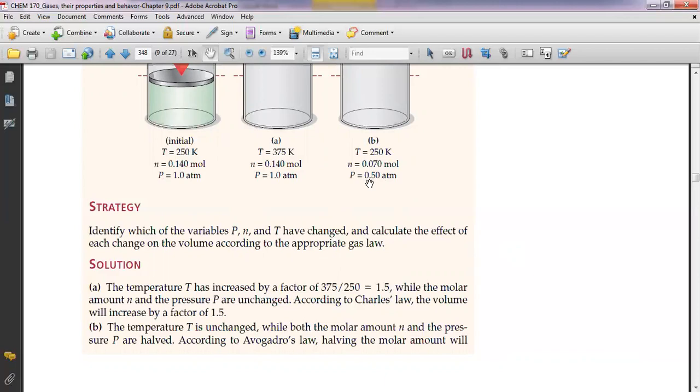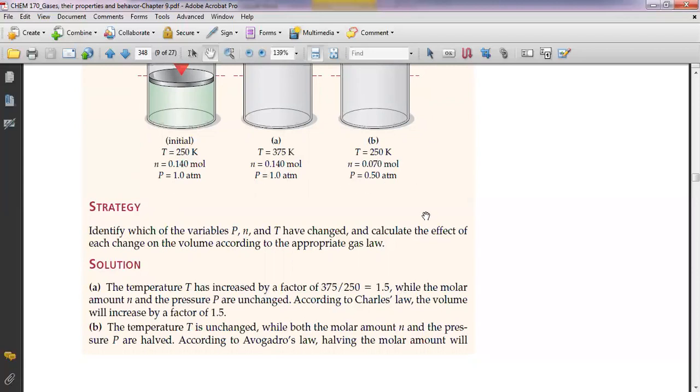So by decreasing the pressure by half, the volume is going to be double. So according to the Avogadro law the volume is going to be half, but according to Boyle's law the volume is going to be double.